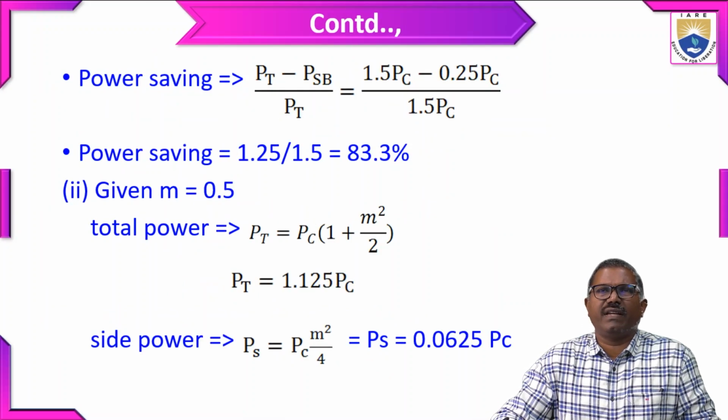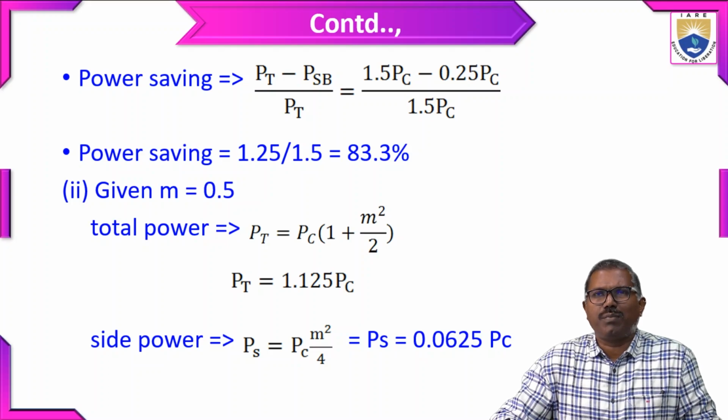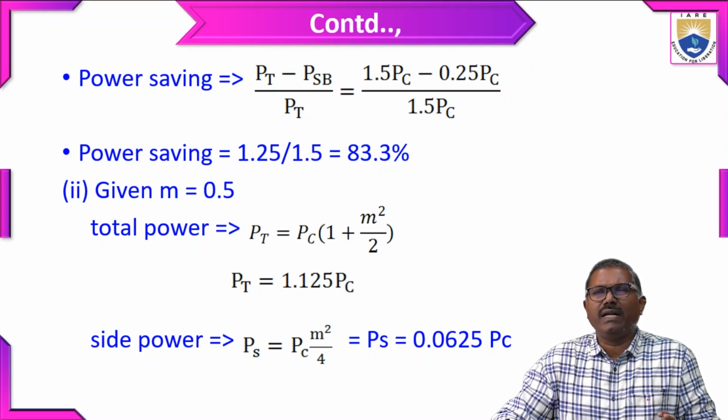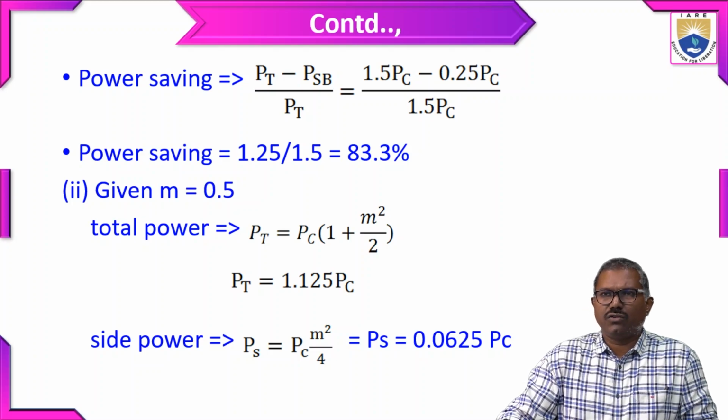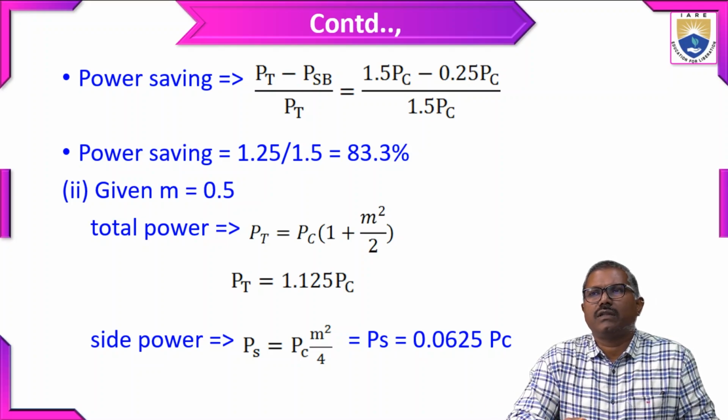Now the power saving is equal to total power minus sideband power, divided by total power. You know the total power: 1.5 Pc minus sideband power 0.25 Pc, divided by total power 1.5 Pc.